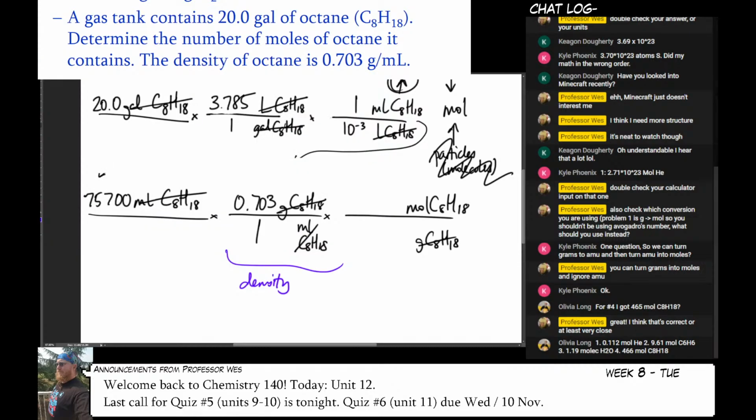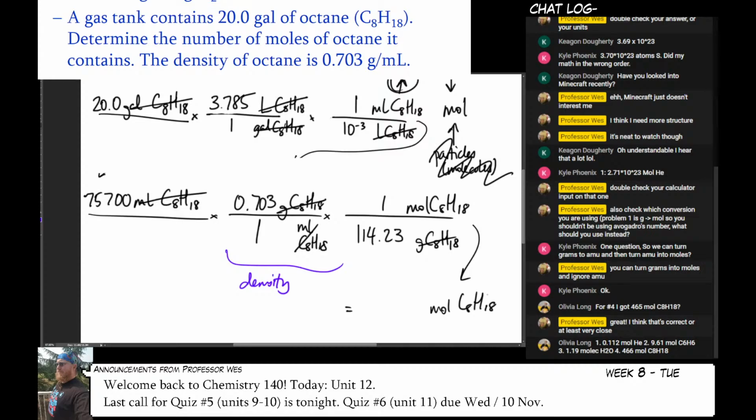So we'll just write that in here. 1 mole is 114.23 grams of octane. All right. And then we just type it all in. 75700 times 0.703 divided by 114.23.